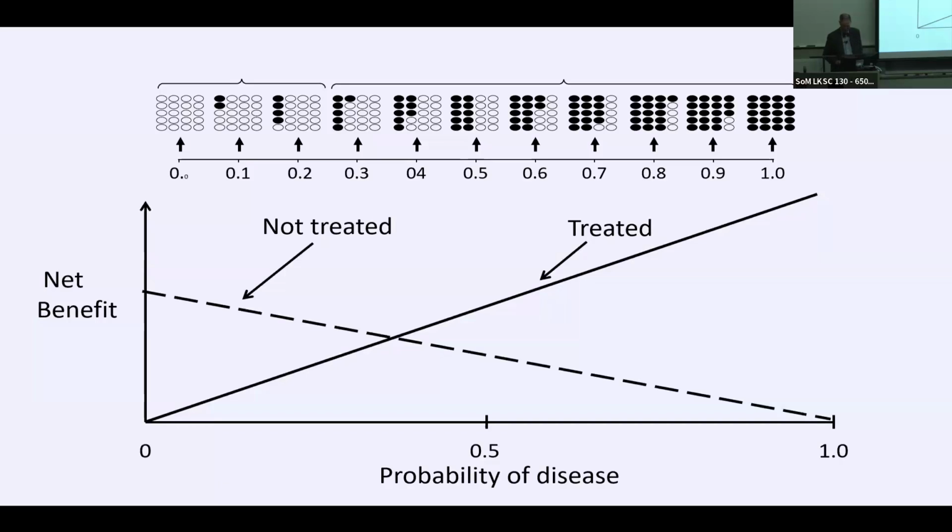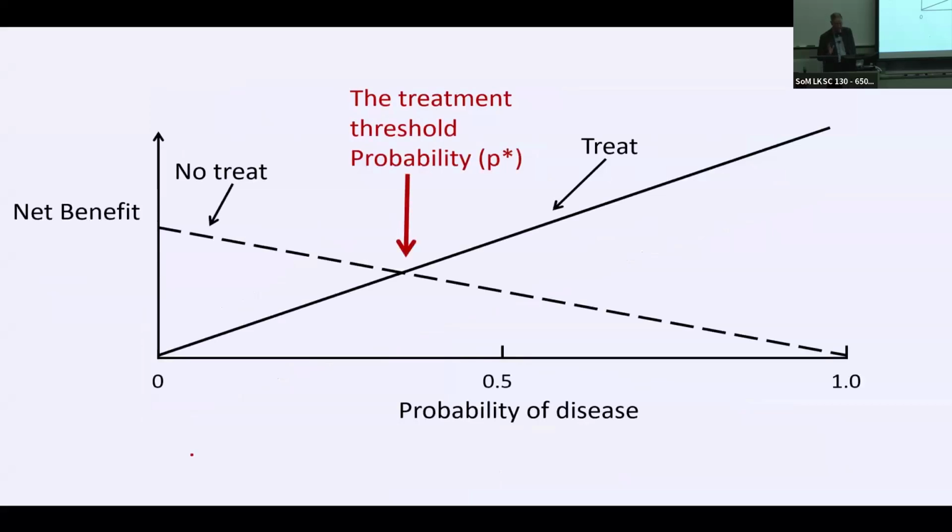It's a little complicated, but I think it's good reasoning. And so here's the treatment threshold probability. It's where the two lines intersect and where the expected benefits are the same for both treatment and not treatment. So pretty obvious, if the probability is below that threshold, you don't treat. And if the probability is above, you do treat. So if you know the treatment threshold and your own probability, you're done.